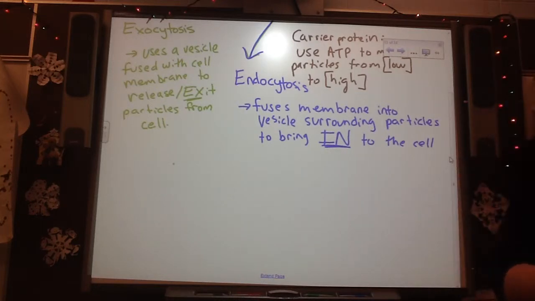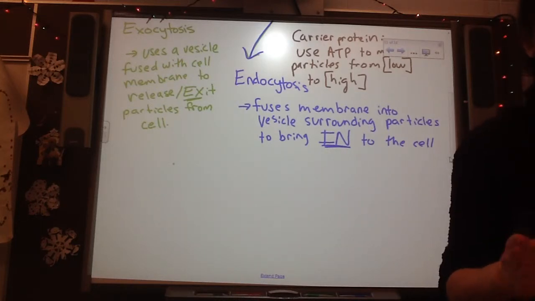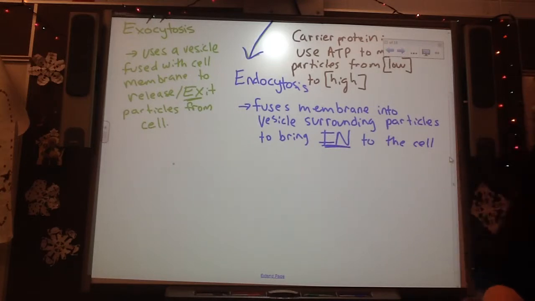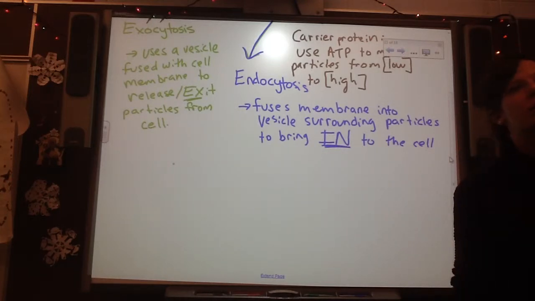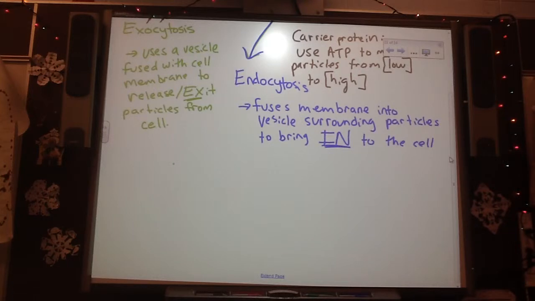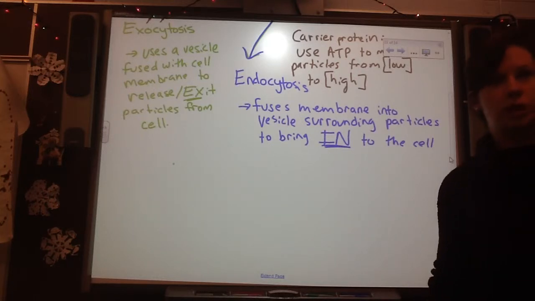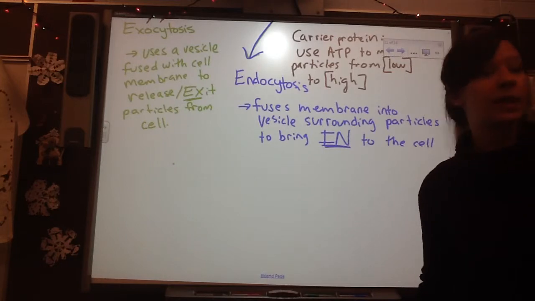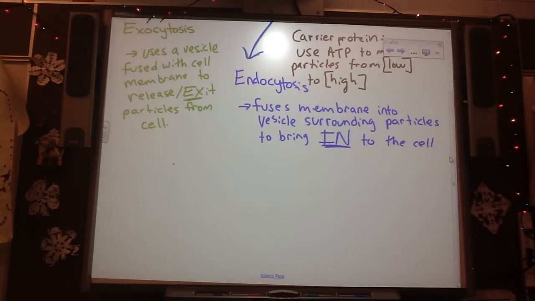Okay, so the beginning we did diffusion, osmosis, facilitated diffusion, exocytosis, and endocytosis. Yes, because that's a part of osmosis.